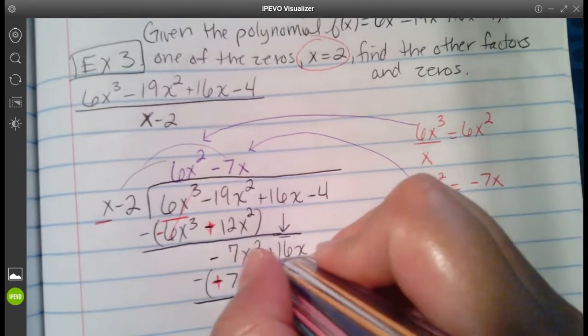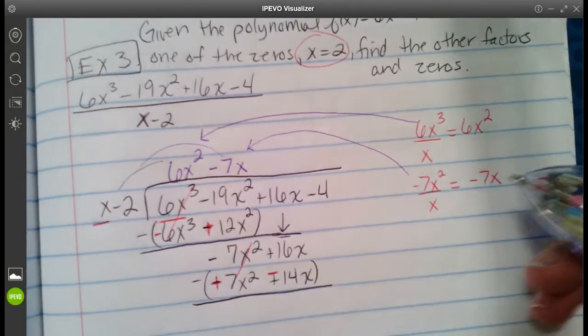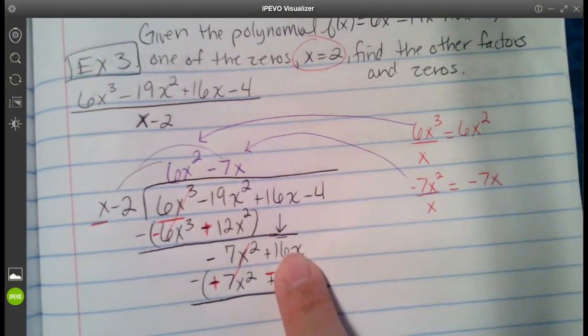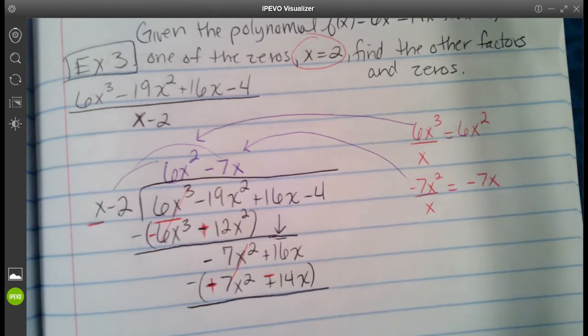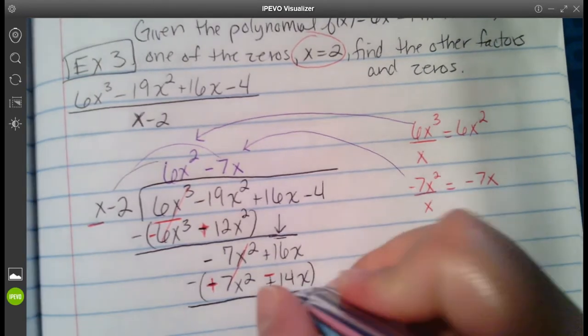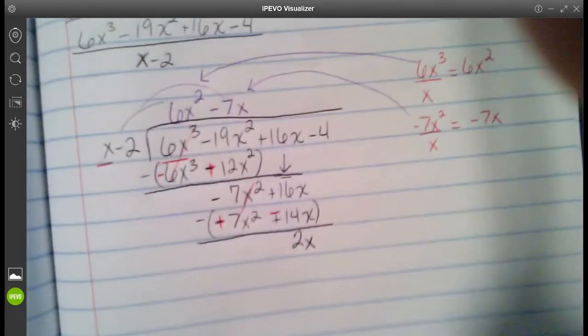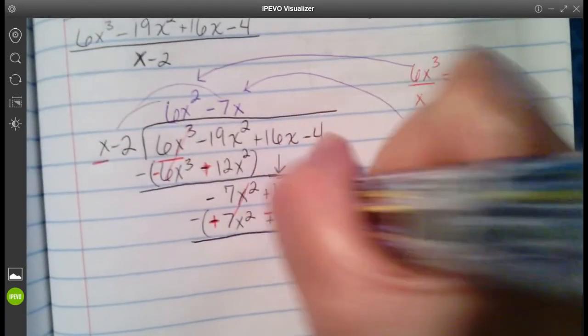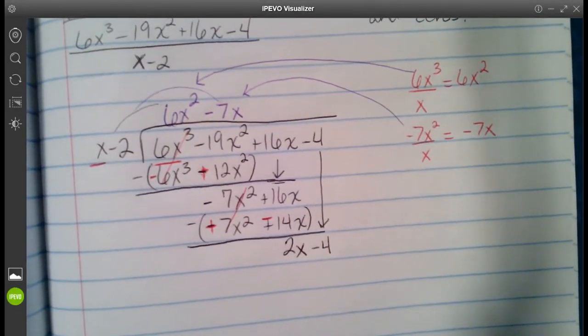That becomes positive. That becomes negative. This one is 0. Okay. 16x minus 14x is going to give me 2x. So 2x, hold this down just a little bit. Bring down the last term, so minus 4. Okay, and we do it all over again.